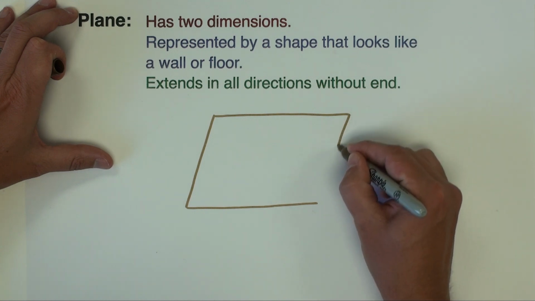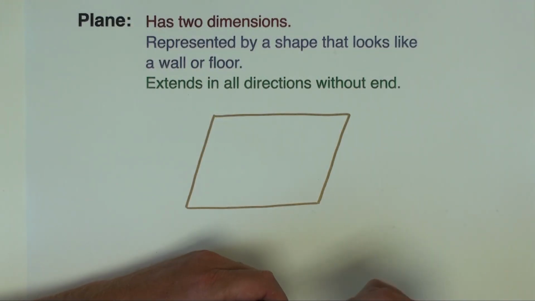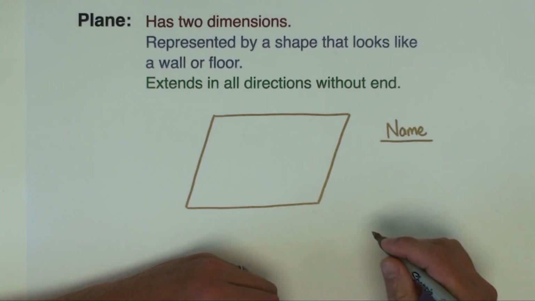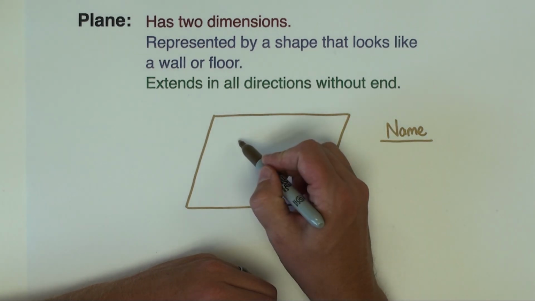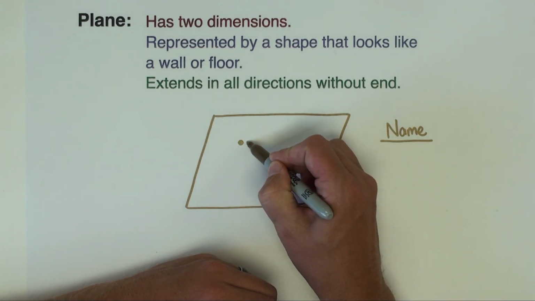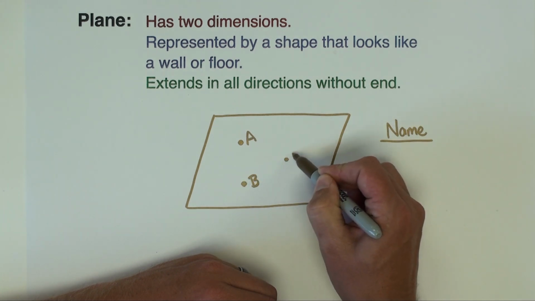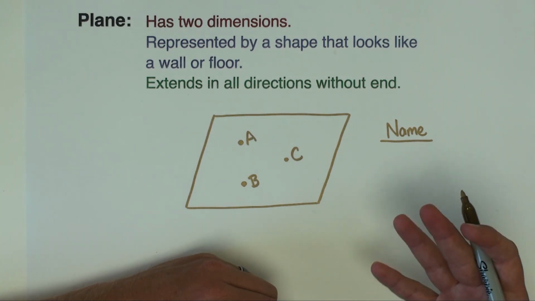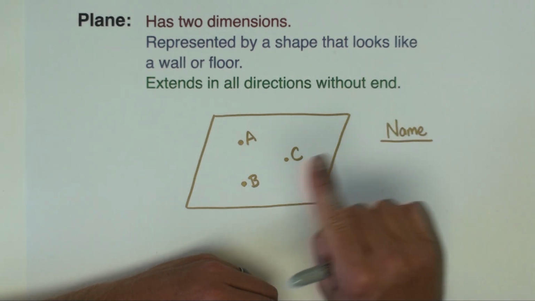something like this. Okay. Now there are 2 ways that we can go about naming a plane. The first way is you're going to need some points. So let's throw some points in here. Let's call this point A, point B, and point C. If you're going to use points, you need 3 of them, and those 3 points cannot be in a straight line.